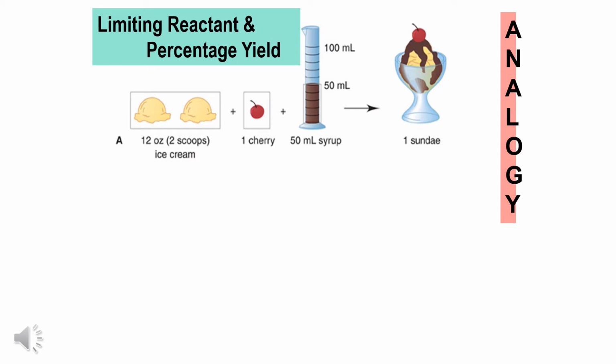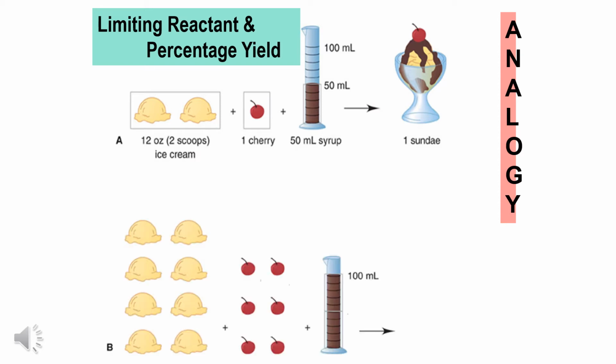Look at picture A. We prepare 12 ounce or 2 scoops ice cream, 1 cherry and 50 milliliter syrup to make one delicious sundae. Look at picture B. We have 8 scoops ice cream, 6 cherries and 100 milliliter syrup.